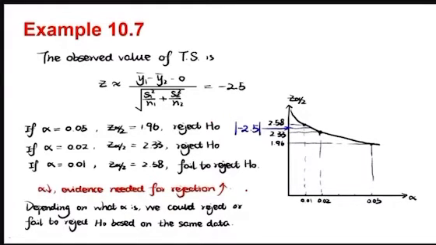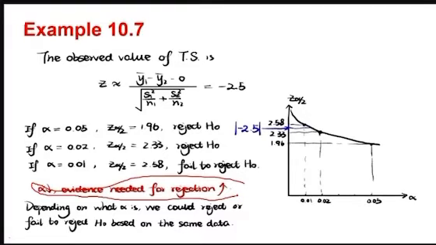And of course, the takeaway here: when the level of significance goes down, the evidence needed for rejection goes up. Does that make sense? So which means depending on what your value of alpha is, we could reject or fail to reject. Does that make sense?